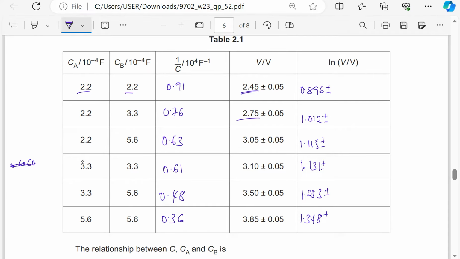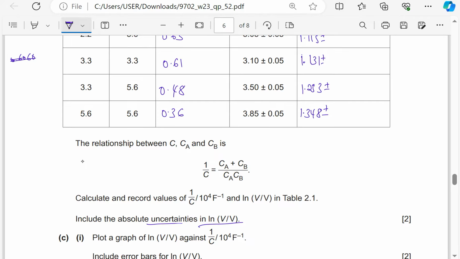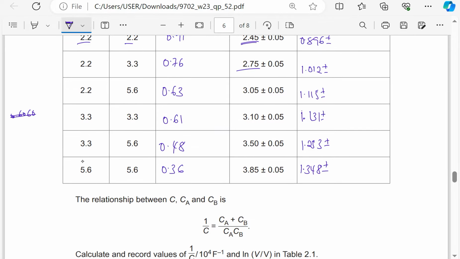Okay, now let's find the uncertainties, because the question says include the uncertainties in ln of V. To find the uncertainties in ln or any log, you can get ln of V minus ln of V minimum.